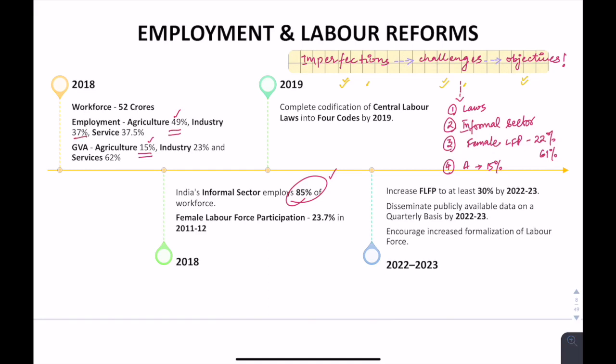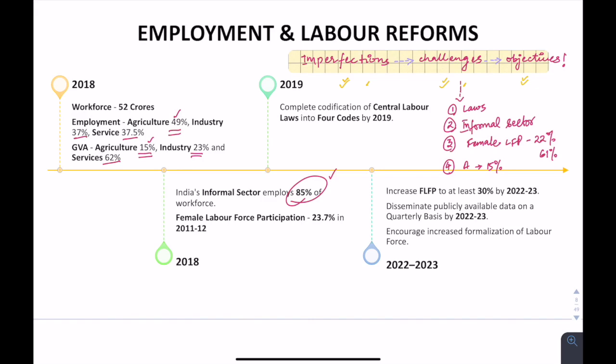On the other hand, employment in industry is 37%, but the contribution to GDP is only 23%. And service employment is 37%, but the contribution to GDP is huge at 62%. So this mismanagement of workforce in India needs to be changed, needs to be well managed in order to ensure that whatever employment growth we have in the future is sustainable in nature.